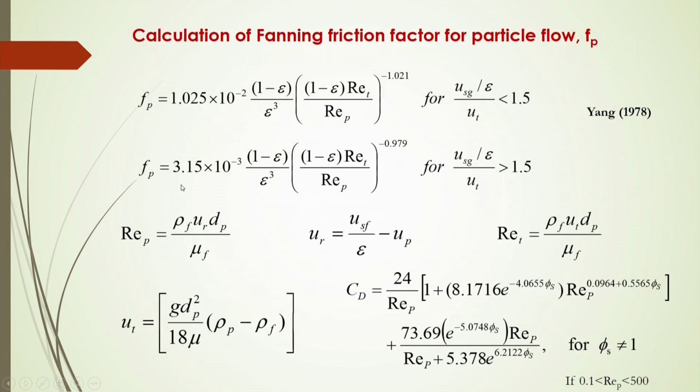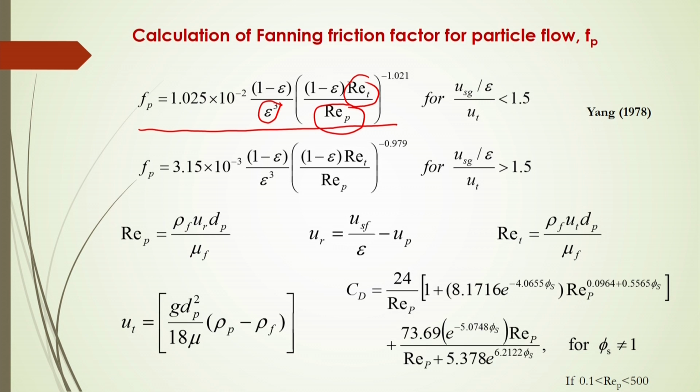Here let us see how to calculate the friction factor for particle flow. You can calculate this friction factor from these correlations developed by Young in 1978 based on their experimental work. Here it is seen that this friction factor depends on the Reynolds number of the particle and the Reynolds number based on the terminal velocity of the particle. Of course, epsilon, the voidage, is an important factor that governs this friction factor for the particle inside the bed.